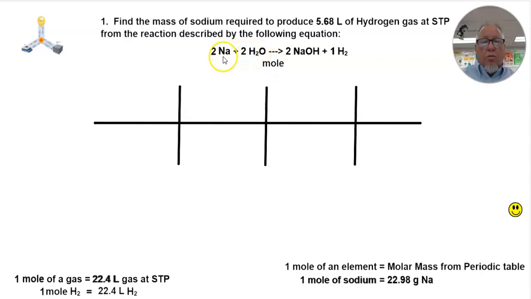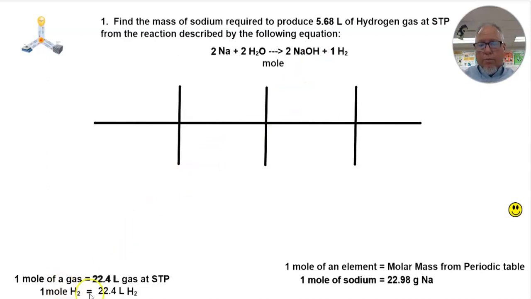So 2 moles of sodium is equal to 2 moles of water. 2 moles of sodium is equal to 2 moles of sodium hydroxide. 2 moles of sodium would be equal to 1 mole of hydrogen gas. And I could do that with any of the conversion factors in this balanced formula. So balancing a formula now has a new meaning to us.